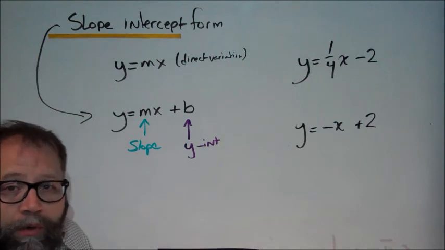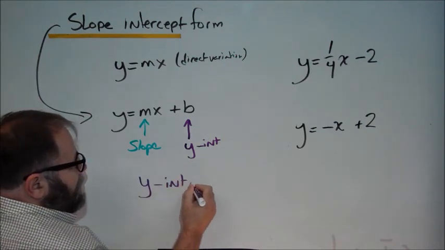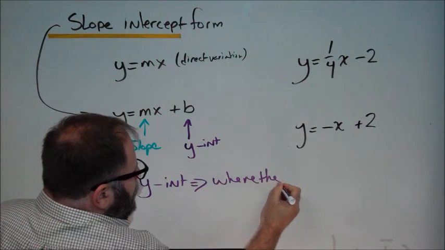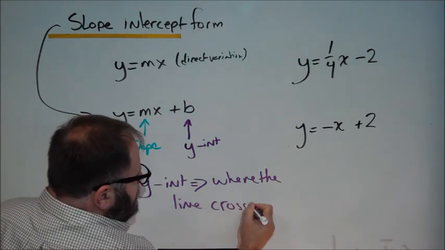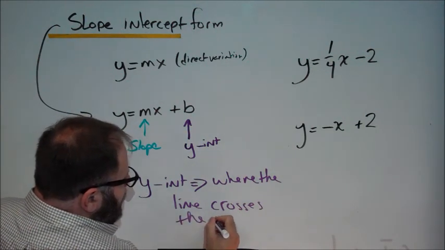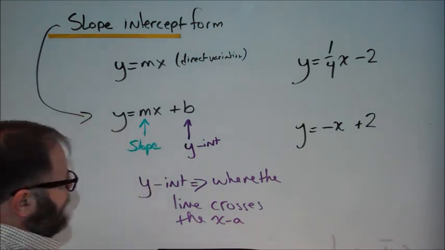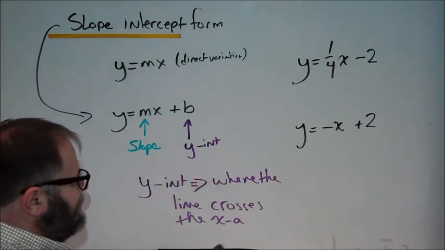What we should know about the y-intercept is that it's where the line crosses the x, no, not the x, of course it's not the x, because it's the y-intercept.